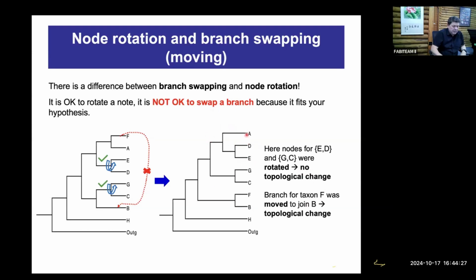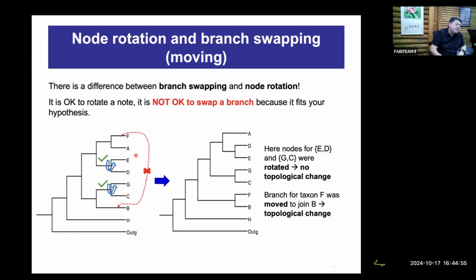Here you can see A is now part of the group DE. But in my original tree, that's my tree from my data, A forms a group with F. So I've moved the branch. That is something you may not do. The same goes for F and B. G and C, there's no change.